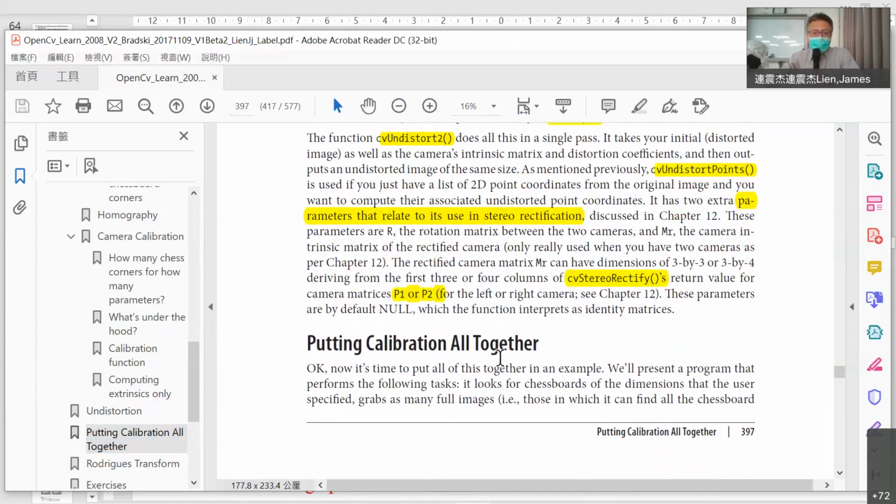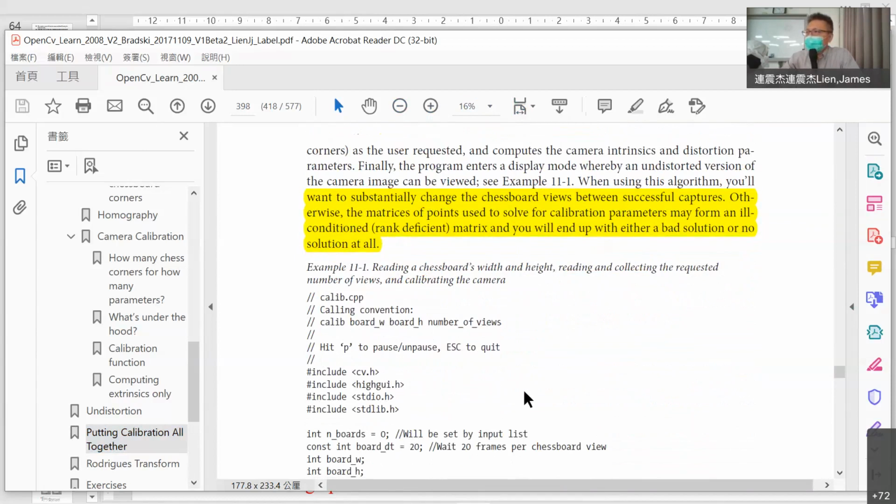This is one example. So the example is here, and your answer to question one of homework one is here.